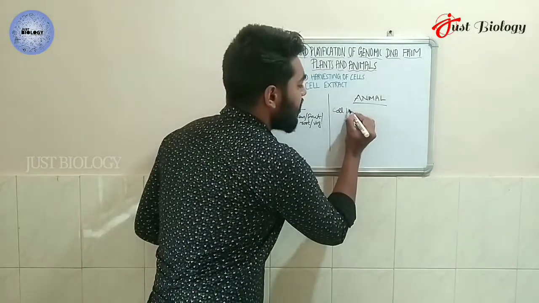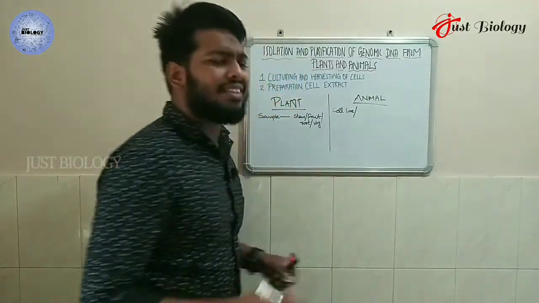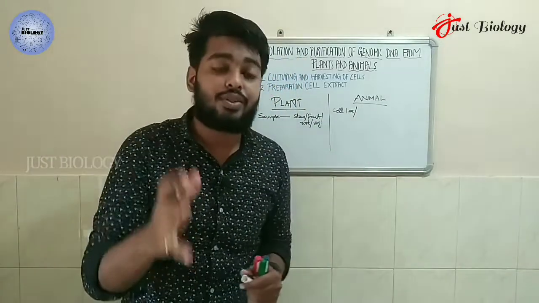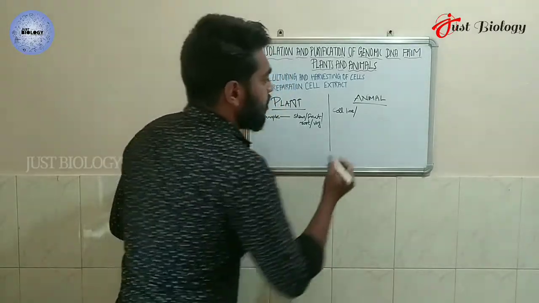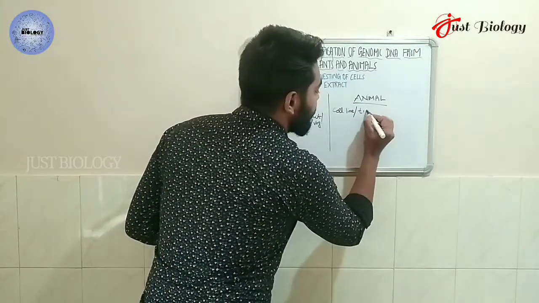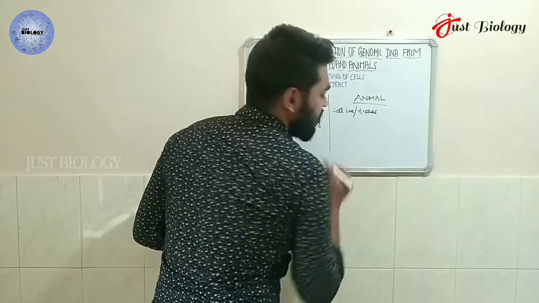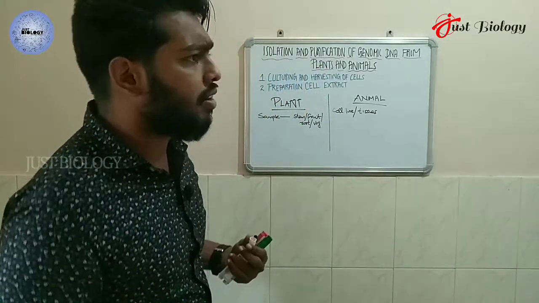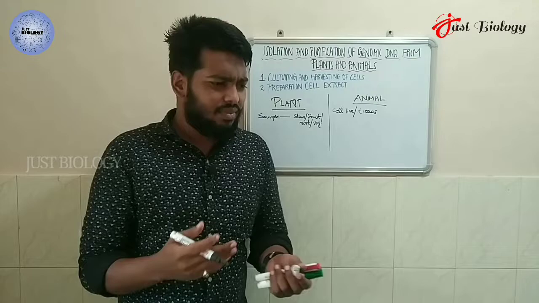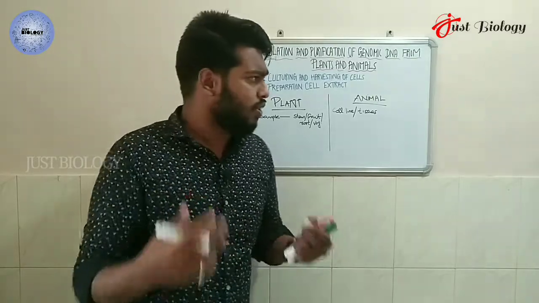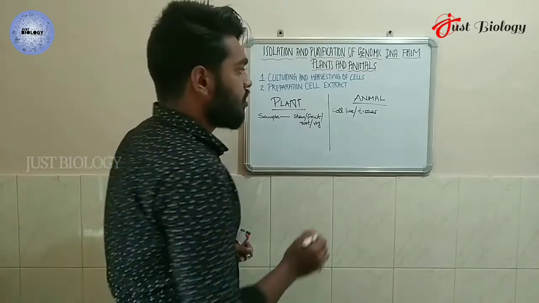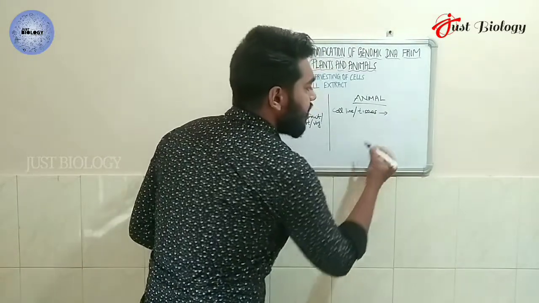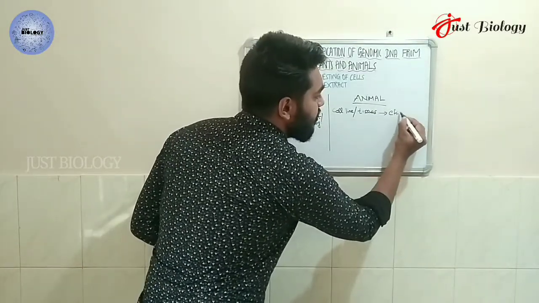The cell line is very costly and is not preferable for the isolation of DNA. But on the other hand, I can take any tissues like liver or skin, hair, whatever is available. So for tissue, here I am taking chicken liver.